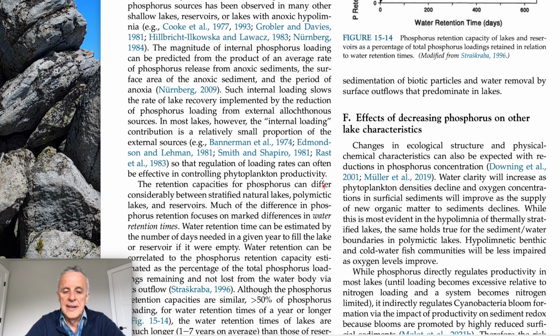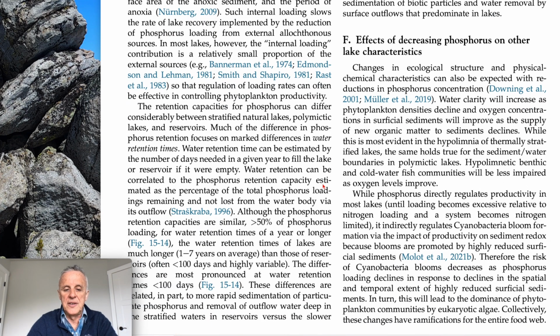In most lakes, however, the internal loading contribution is a relatively small portion of the external sources, so that regulation of waste loading can often be effective in controlling phytoplankton productivity.